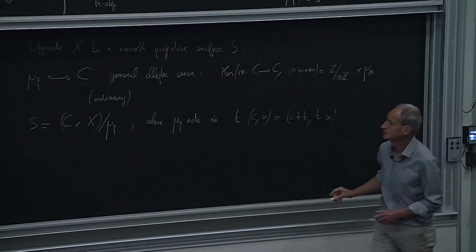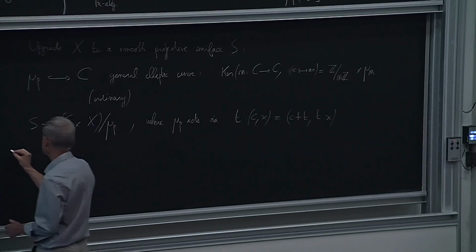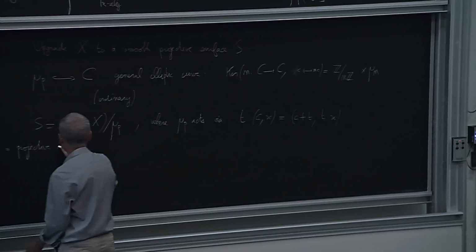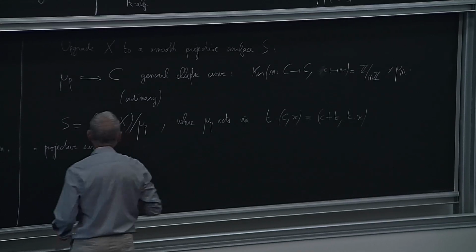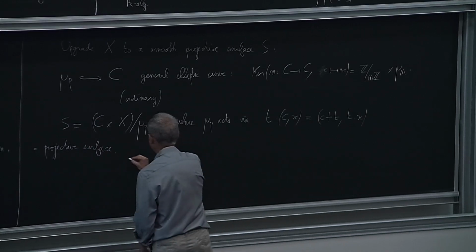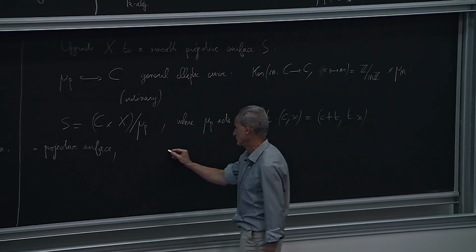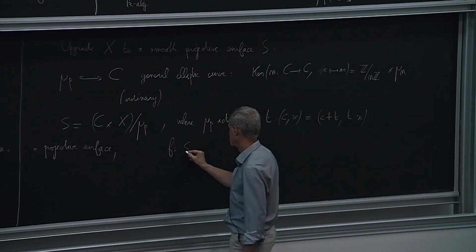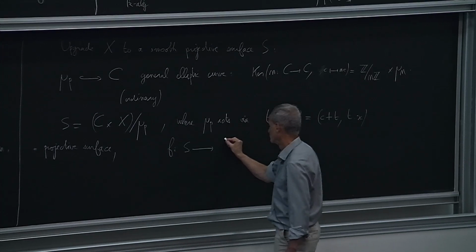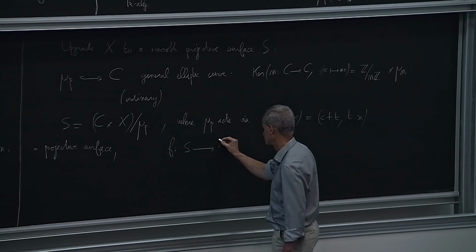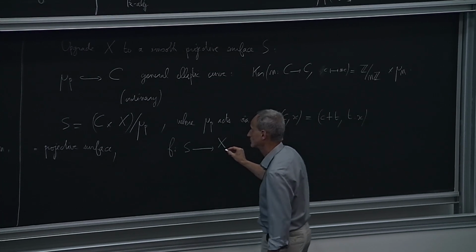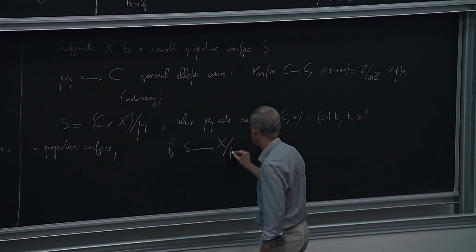Okay, and then you see this positive characteristic surface, because it's a product of two curves by some finite group. And there come these two natural maps. The first one is you can forget part of this quotient. You can send this to X mod mu p.